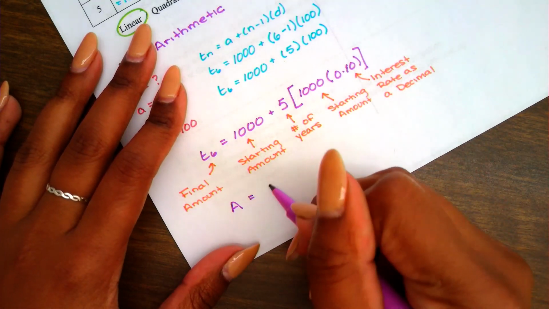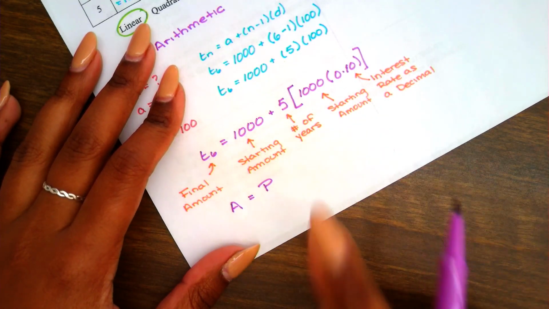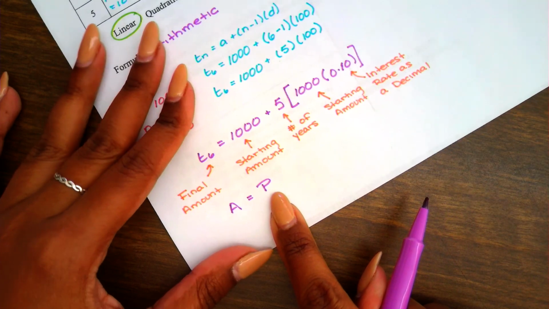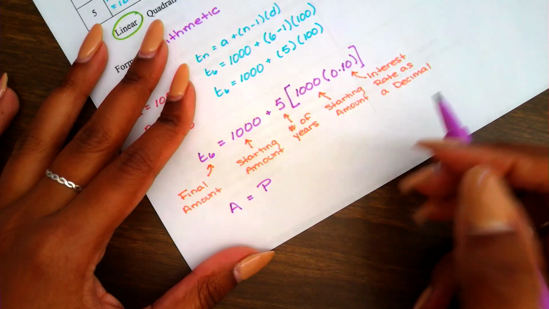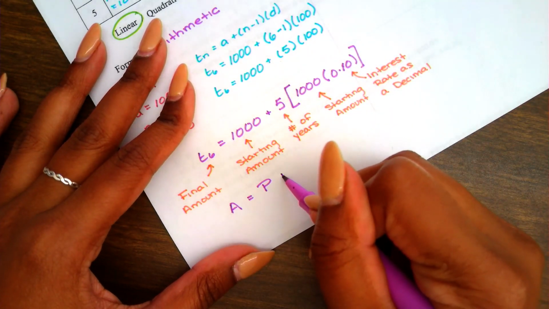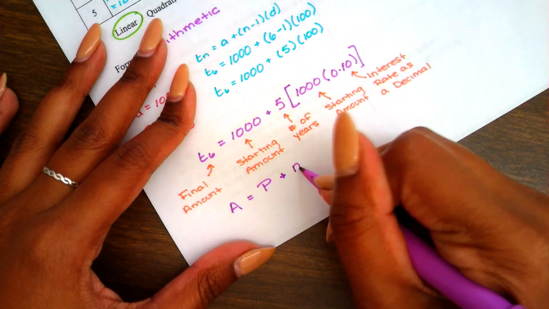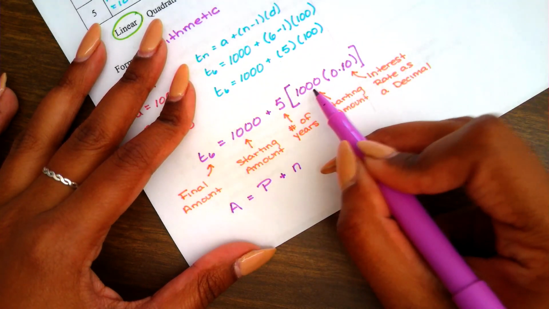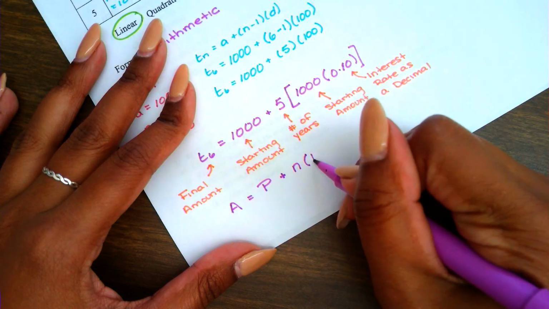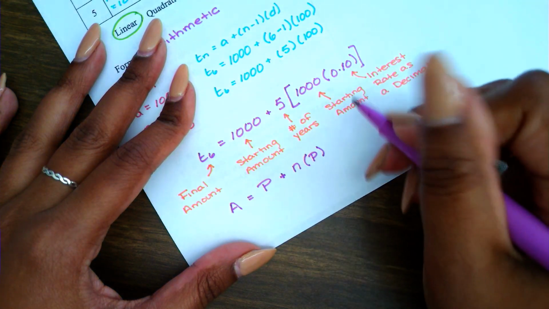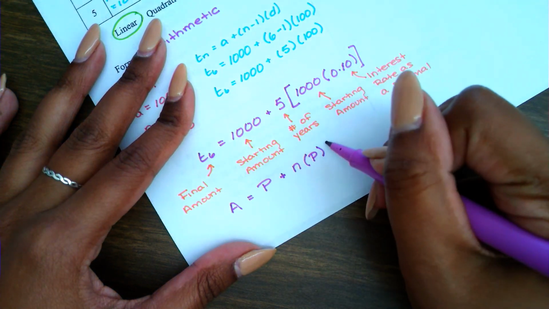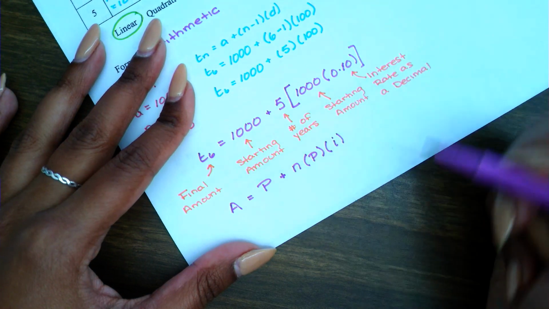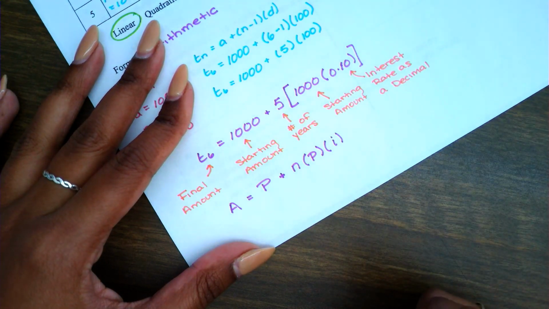Then I have equals P. P stands for my principal. My principal is my starting amount. Plus N, so the number of years that have passed, times 1,000 is still my P. Times 0.10, which is my interest rate, which is I.